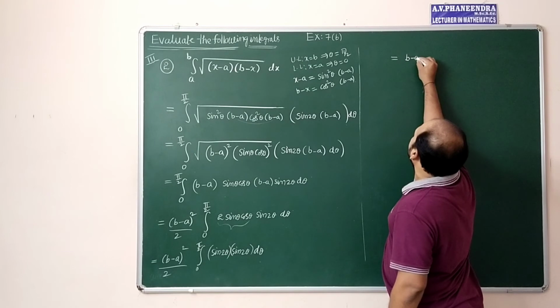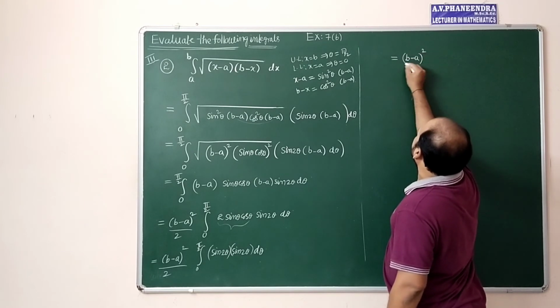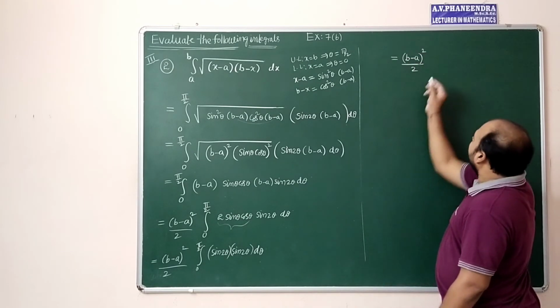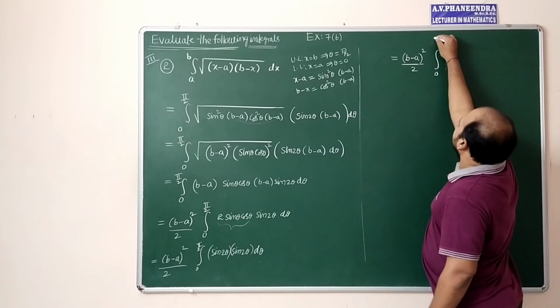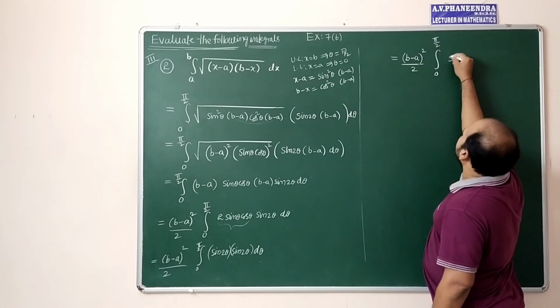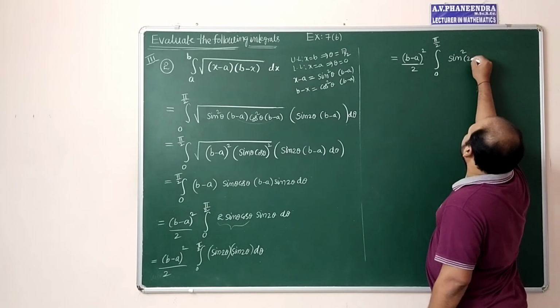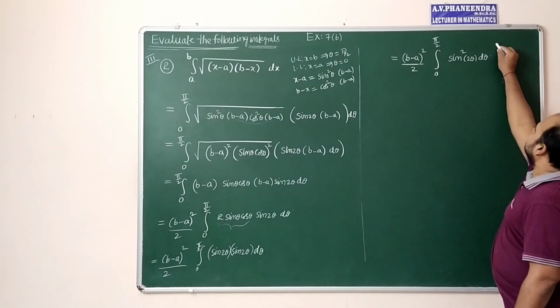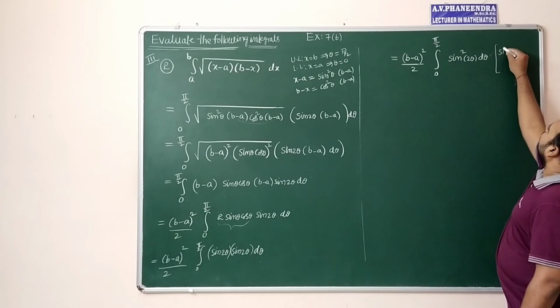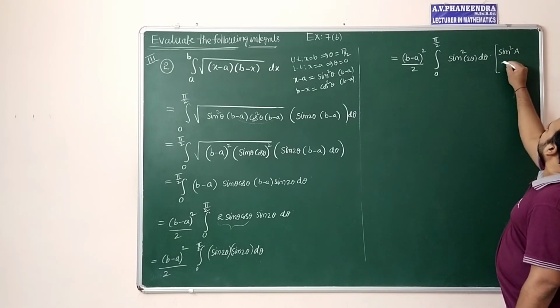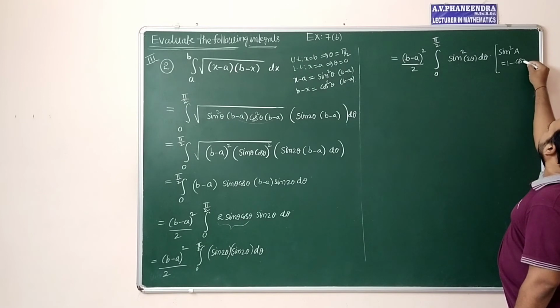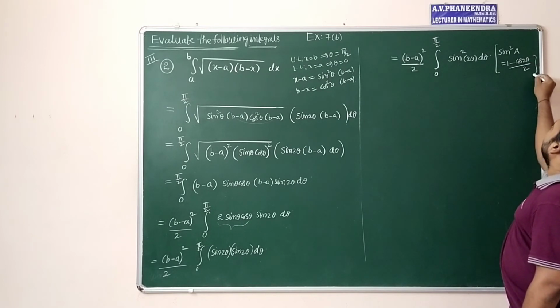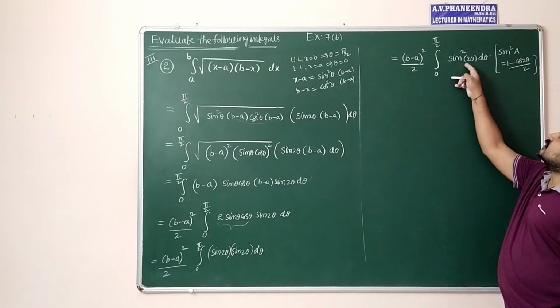Which is equal to b minus a whole square divided by 2, integral 0 to pi by 2 sin square 2 theta into d theta. We know the formula: sin square a equals 1 minus cos 2a divided by 2. Similarly, sin square 2 theta.